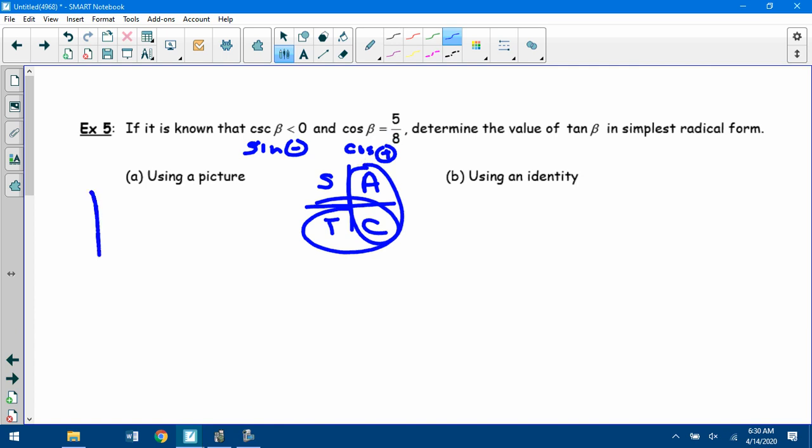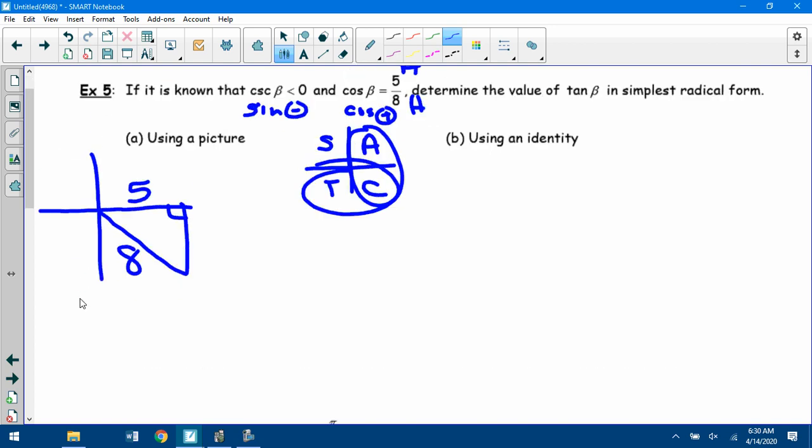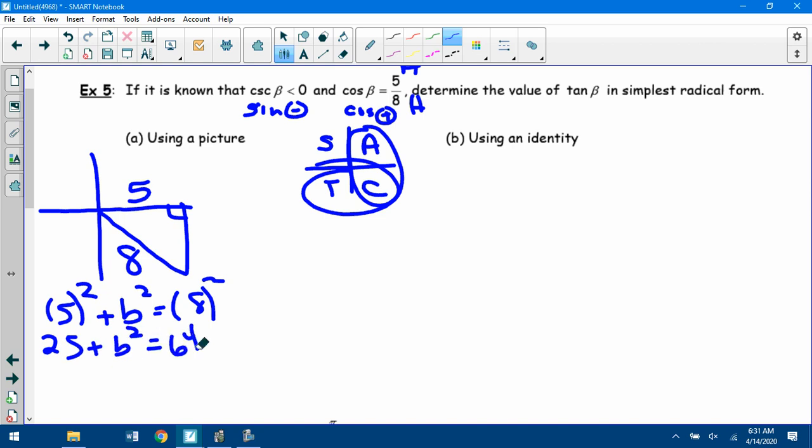Using a picture, I label adjacent as 5 and hypotenuse as 8. Next up we would Pythag. 5 squared plus b squared equals 8 squared. 25 plus b squared equals 64. If you subtract 64 minus 25, you get 39.